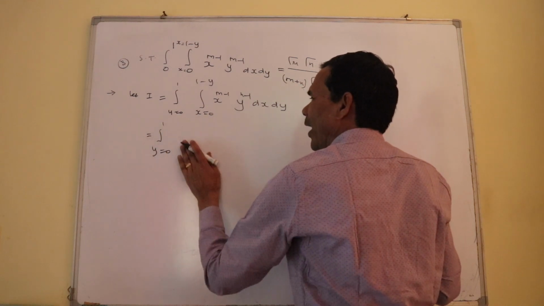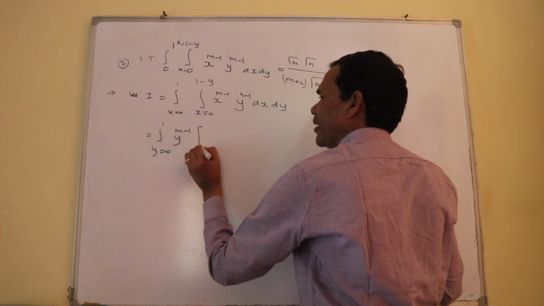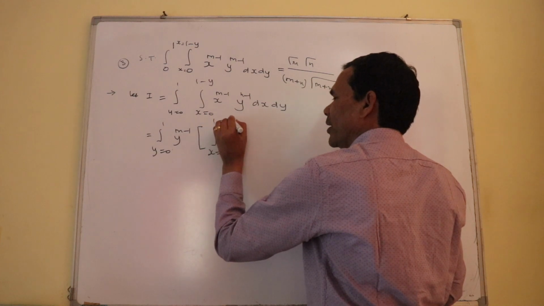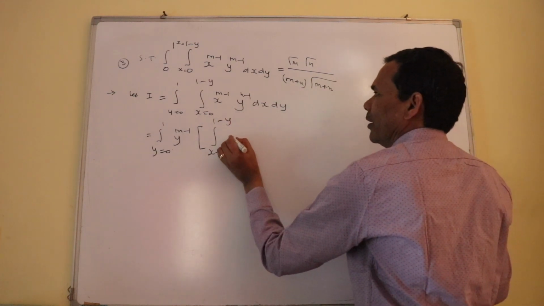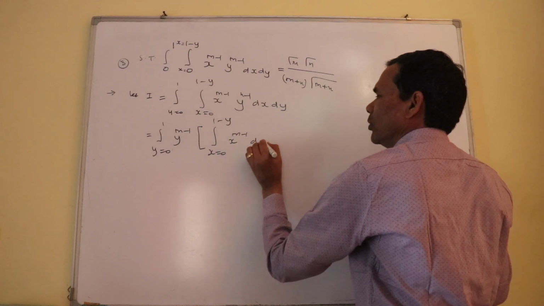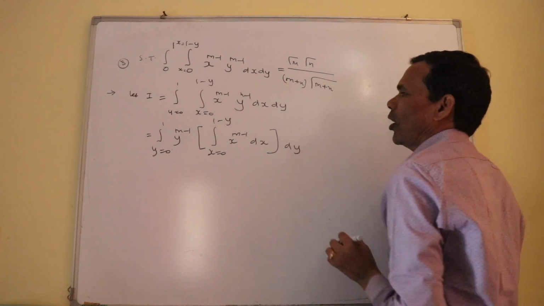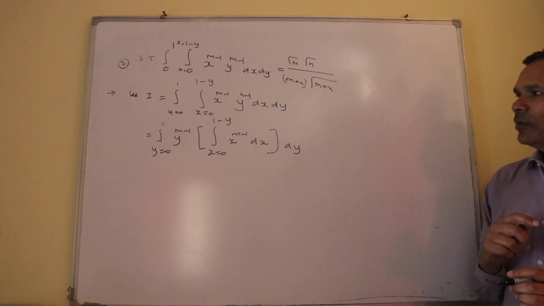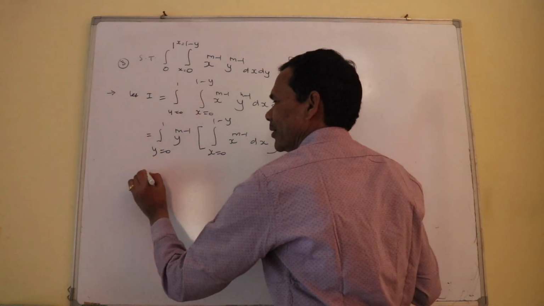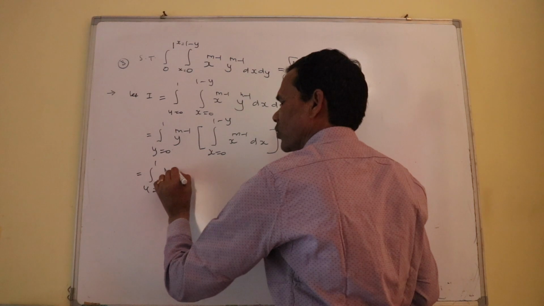So I take y raised to n minus 1 outside, because y is constant outside the sign of the first integral, x is equal to 0 to 1 minus y, and here x raised to m minus 1 into dx and then dy. So this is called variable separable form. First with respect to x, because x has variable limits, y is equal to 0 to 1, y raised to n minus 1.